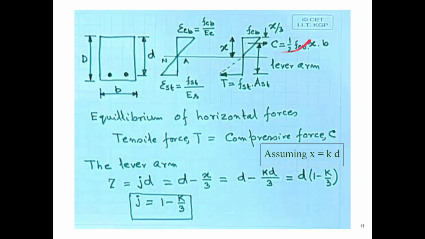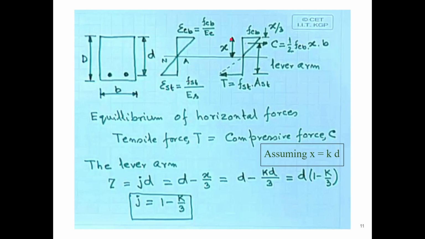Here, this is the strain diagram and this is the stress diagram. In the strain diagram, at the topmost position, this is epsilon CB, the maximum strain of concrete during bending. And this is epsilon ST, the maximum tensile strain for the steel.